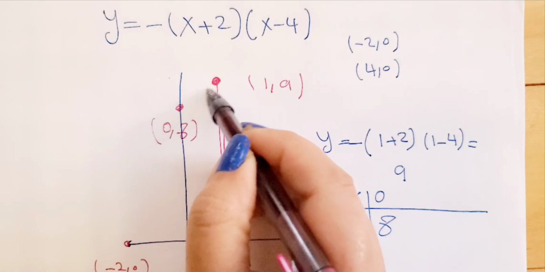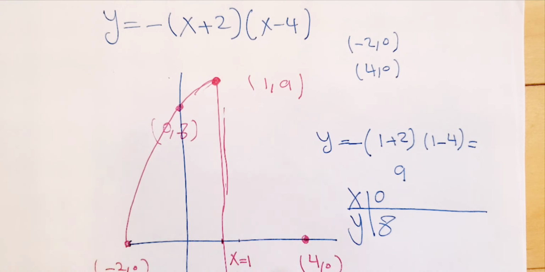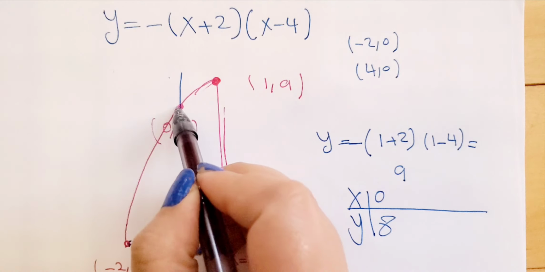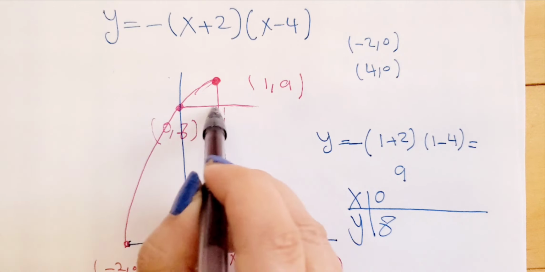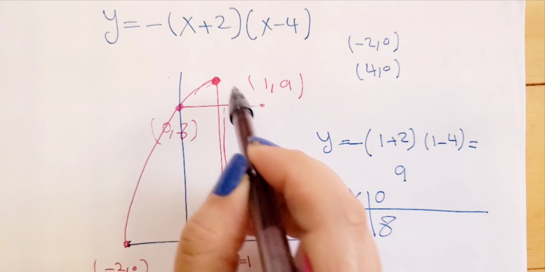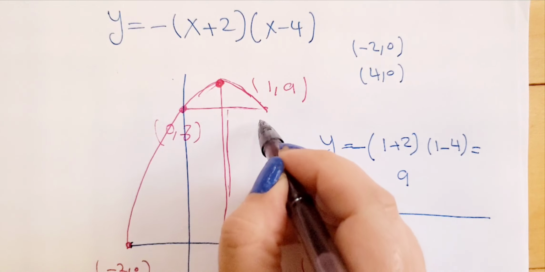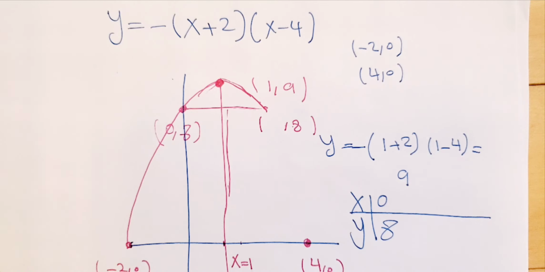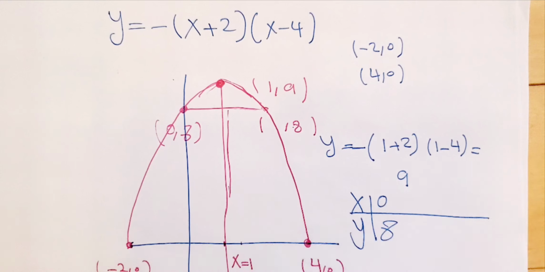So simply I just connect them together. It's a downward shape, so I'll do the same on the other side if I want to be exact. And this is your shape.